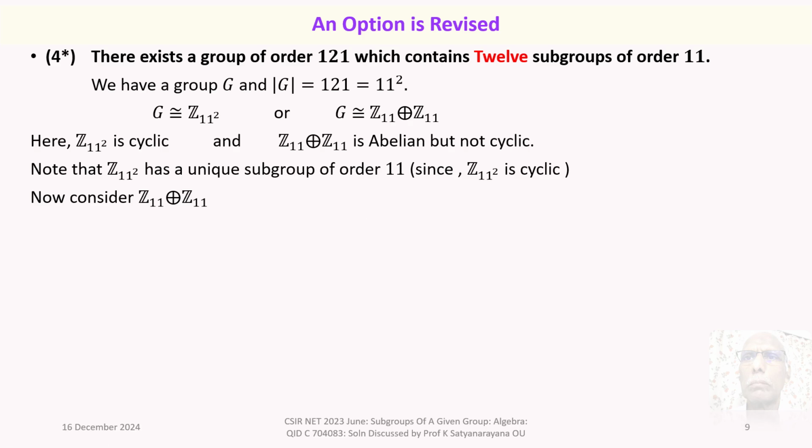Now, how many cyclic subgroups of order 11 are there?